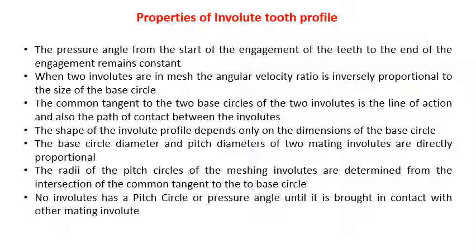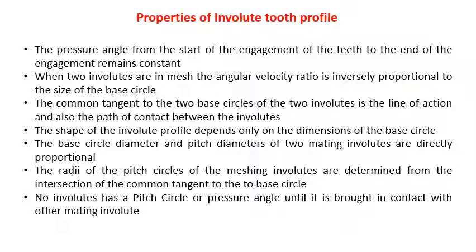Suppose the base circle diameter increases, then obviously the pitch circle diameter also increases because they are directly proportional. Then the radii of the pitch circles of the meshing involutes are determined from the intersection of the common tangent with the line joining the centers of the two base circles. So using that we can determine the radii of the pitch circle.